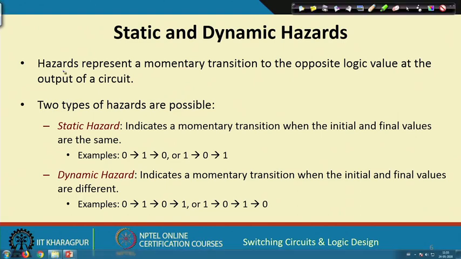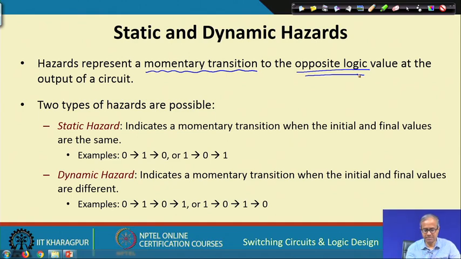The definition of a hazard, very loosely, is a momentary transition in the value of a signal line to the opposite logic value. I am showing some examples. Two types of hazards are possible, static and dynamic. A static hazard is a momentary transition when the initial and final values are the same.